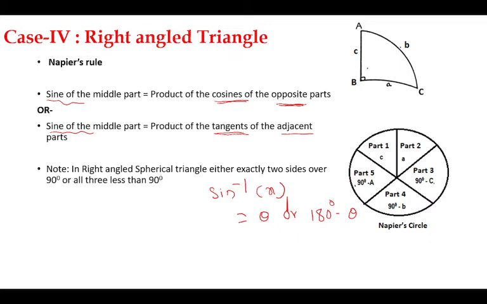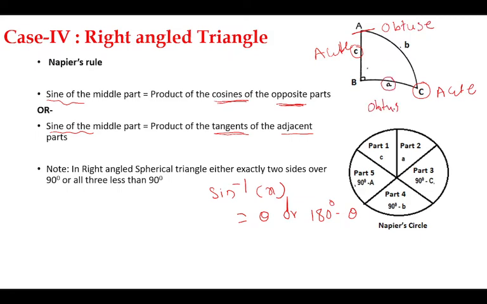What is the same affection criteria? In a right angle triangle, whenever an angle, say this angle C, is acute, then side c should also be acute. Acute means less than 90 degrees. Suppose capital A is obtuse, then small a should be obtuse there.